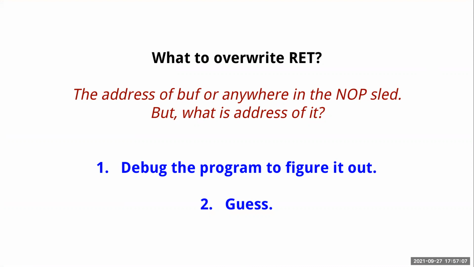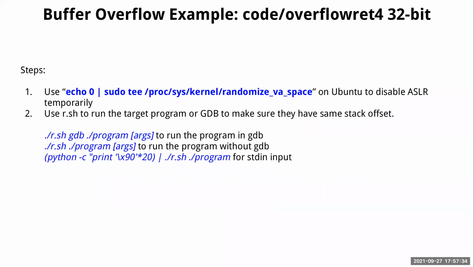So we need to figure out the runtime address of the buffer. To do that, one way is to debug the program and get the exact location. In reality, if you have someone else's computer, a more realistic approach is to just guess, to keep trying, because you can't always debug on their machine, and also there are other protections anyway.